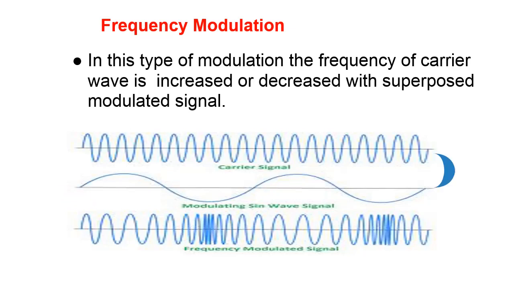When both are superposed, the last wave is the modulated wave. You can see there is a change in the frequency of the modulated wave. Sometimes initially the frequency is lower, and where the two waves are combined together, the frequency is high again. This change in the frequency of a modulated signal is known as frequency modulation.